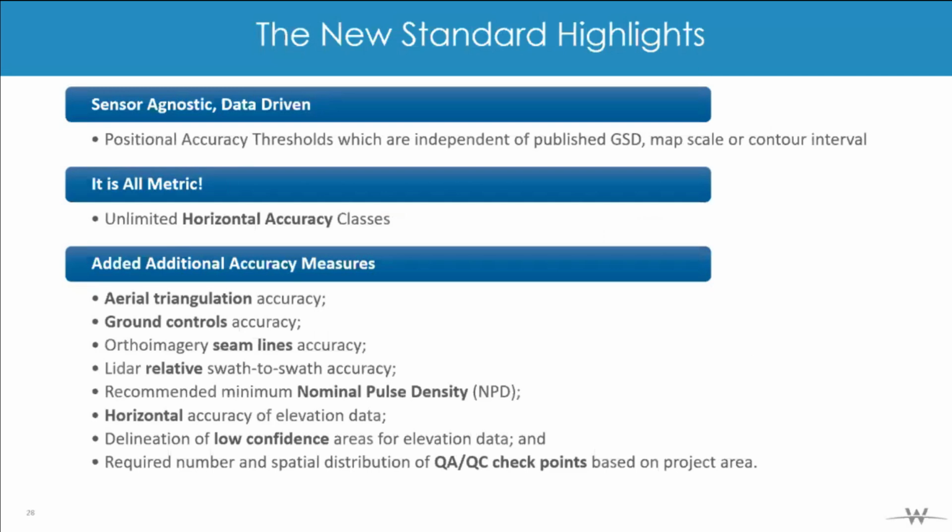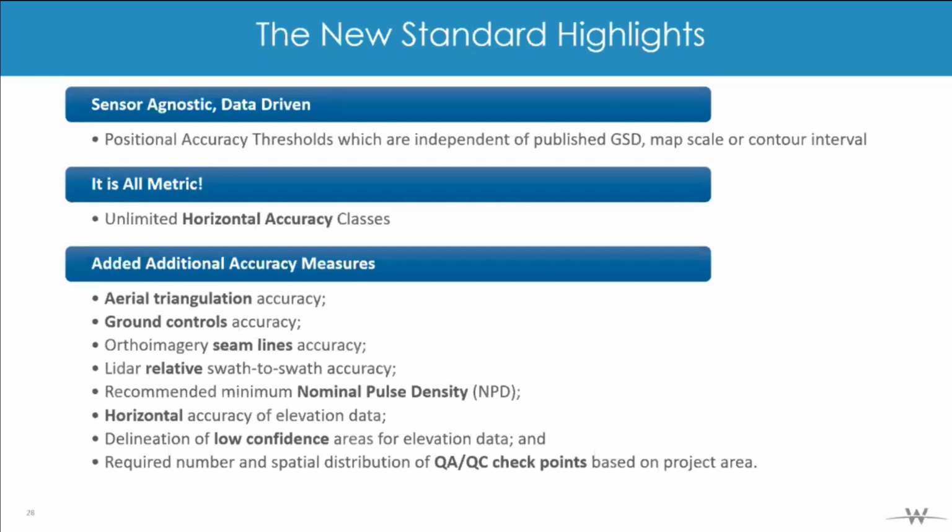I don't care whether you produce it using good LiDAR, intermediate LiDAR, cheap LiDAR. If that data meets my requirement, accuracy and quality, that's all I care about. Same thing with imagery, for example. I don't care whether you flew it at 100 feet or 1,000 feet. If you can achieve the accuracy from what you use, that's what matters. So that's what sensor agnostic, data driven means.